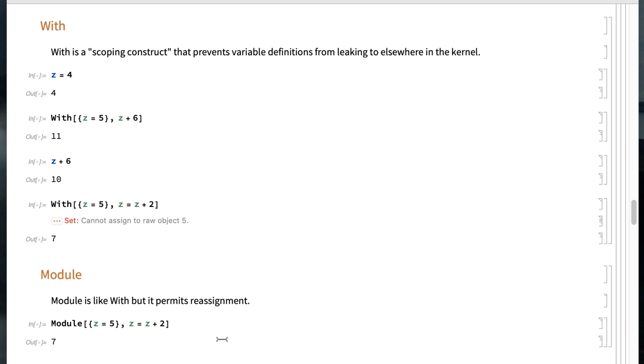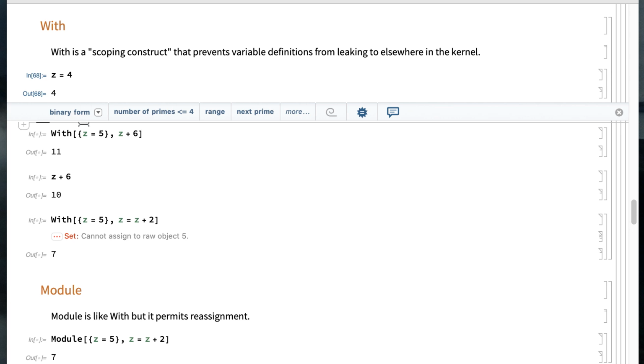Lots of computer languages have scoping constructs. The idea of a scoping construct is you might want to use a name, but you might not want it to pollute the namespace of the rest of the document. Like with that c before, remember how that c kept lingering on? What if I just wanted to use c once, just for this function? There are lots of ways of doing that, but one of those is With. So let's show the classic experiment. Here, I'm setting a global definition. z is 4.